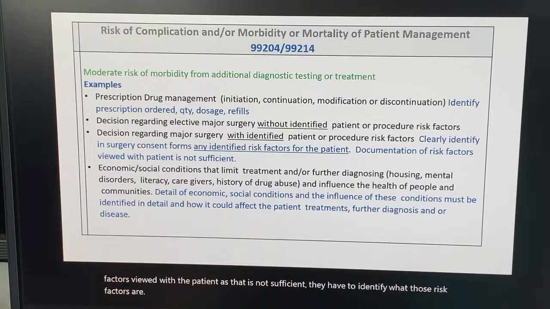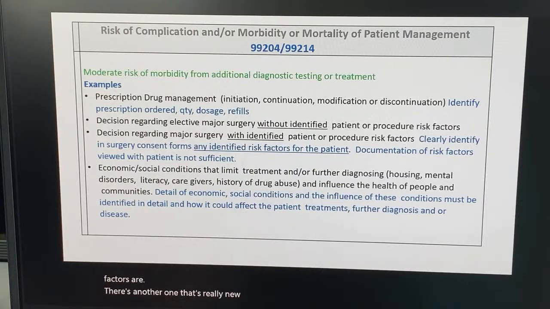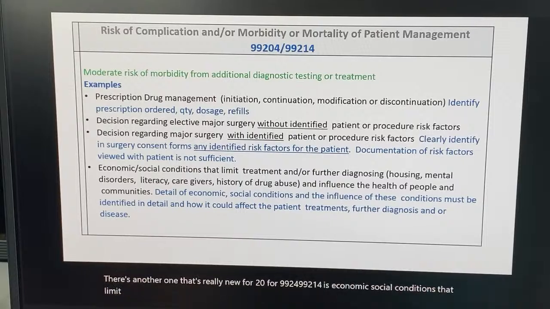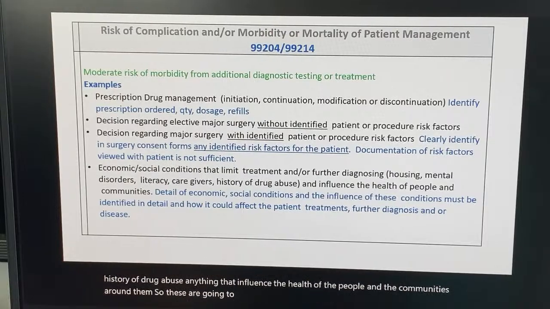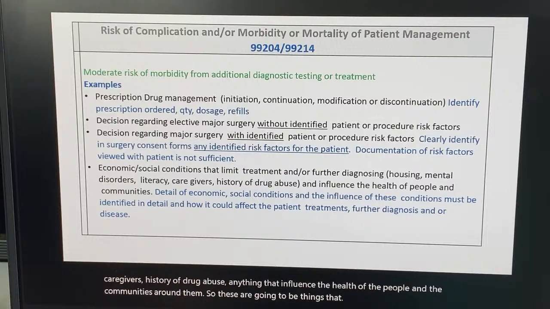This other one that's really new for 99204 and 99214 is economic and social conditions that limit treatment and further diagnosing, such as housing, mental disorders, literacy, caregivers, history of drug abuse, anything that influences the health of the people and the communities around them. So these are going to be things like the patient is homeless.